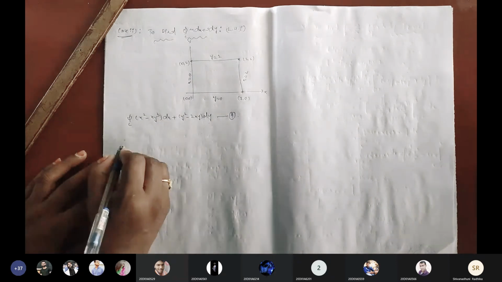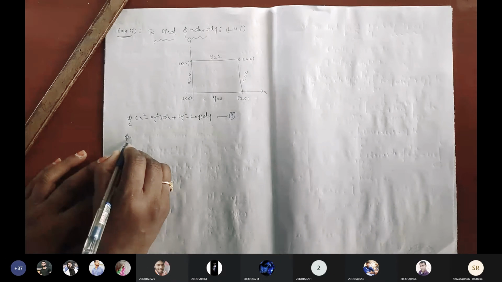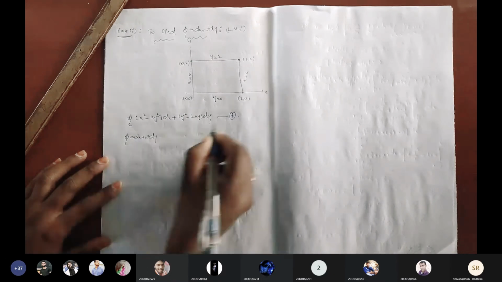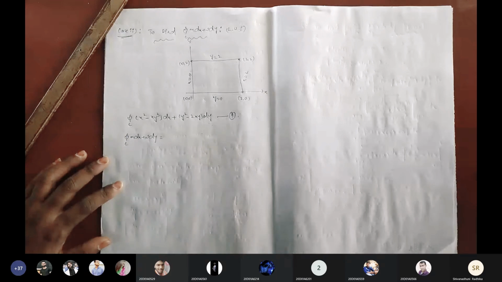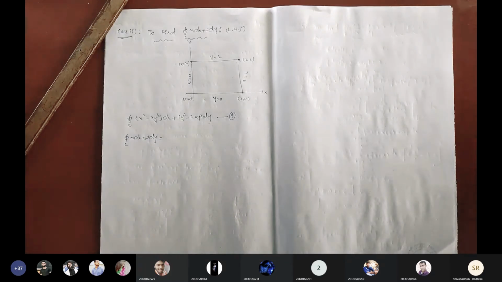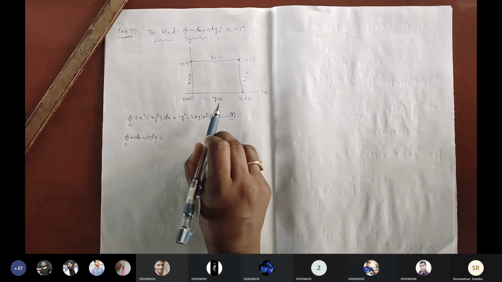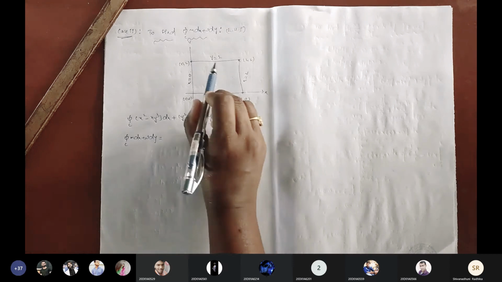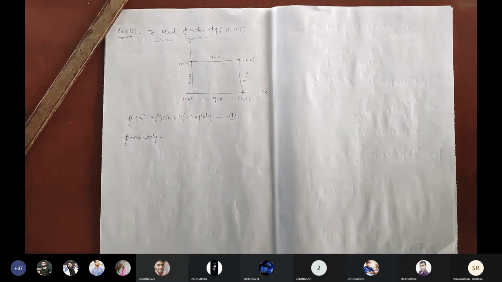The equation 1 can be written as line integral over curve C M dx plus N dy. This equation number 1 is the sum of the 4 lines. Why? Because the square is formed by the 4 lines: y equals 0 line, x equals 2 line, y equals 2 line, and x equals 0 line.